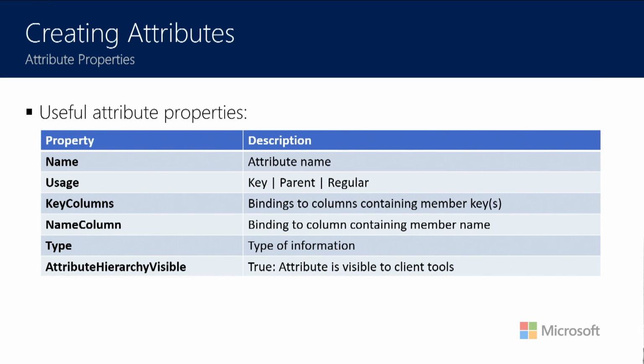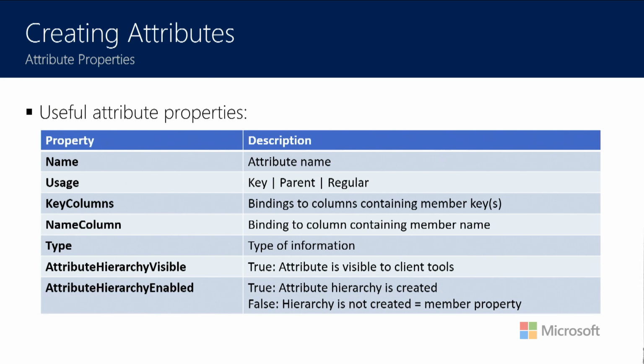The attribute hierarchy visible property, when set to true, will ensure that client tools will see the hierarchy, but when set to false, will not be then delivered for use in reporting tools. The attribute hierarchy enabled, when set to true, will ensure that the hierarchy is created, and when set to false, it will not generate a hierarchy, which will result in the attribute being available as a member property.